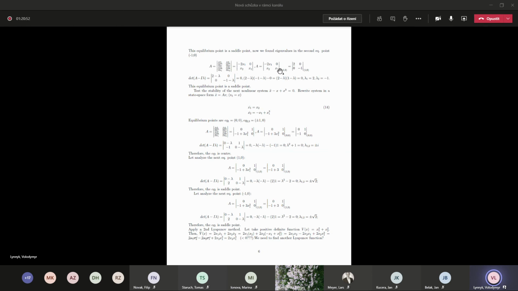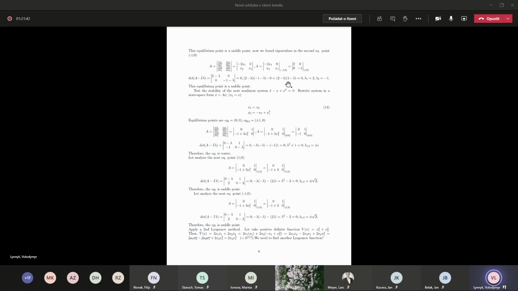and we calculate the Jacobian, the same procedure. At (minus 1, 0), here is a mistake because it's without minus, and then we found that lambda 1 equal to 2 and lambda 2 equal to, I think there is some mistake here, maybe it's plus 1, or okay, minus 1, minus 2.